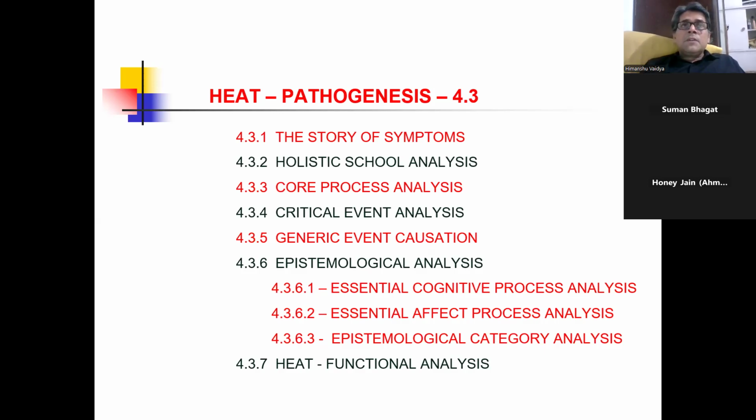The story of the symptoms may relate to the developmental story of the symptom itself. It may relate to all that is associated with the symptoms. It may relate to all that happens in the episode. It may relate to how the person narrates it as a story to you.